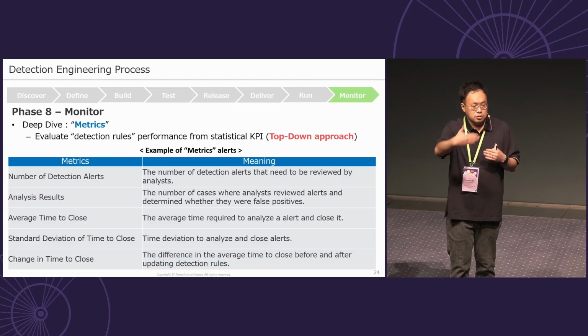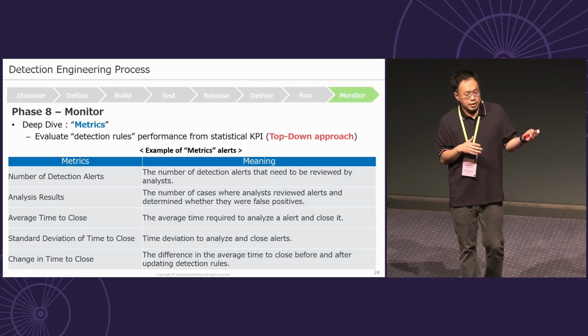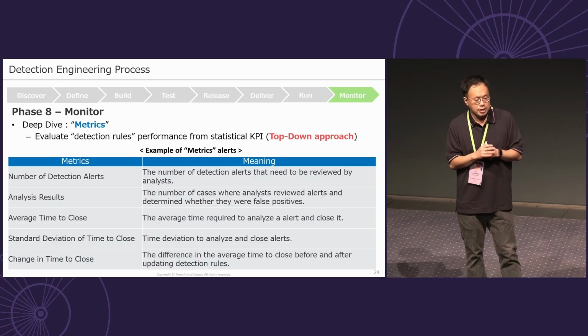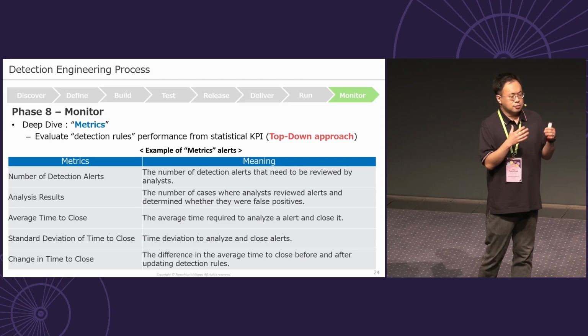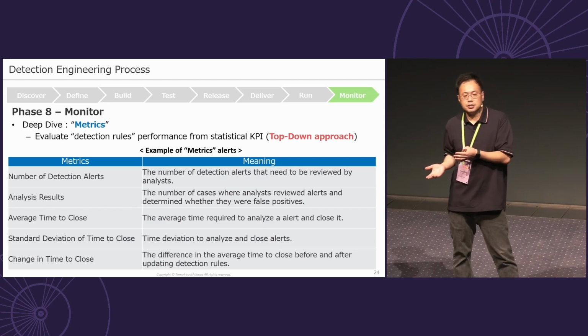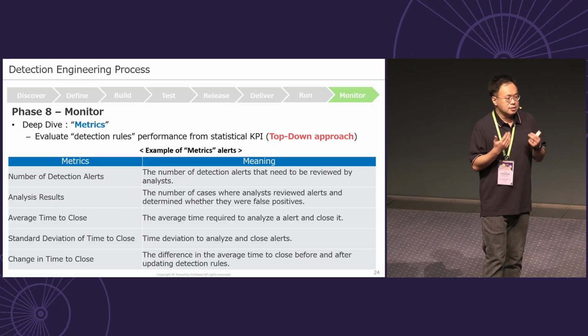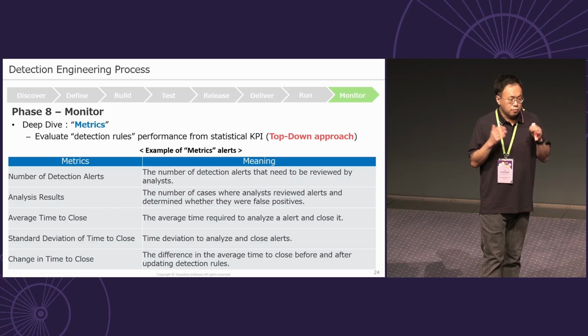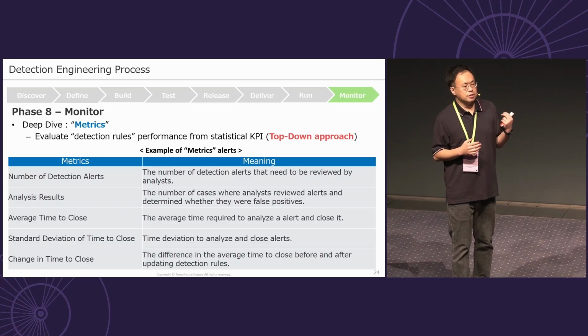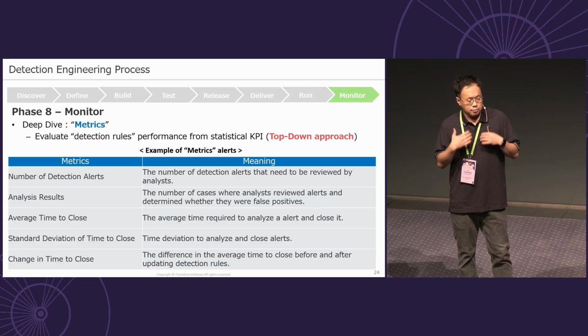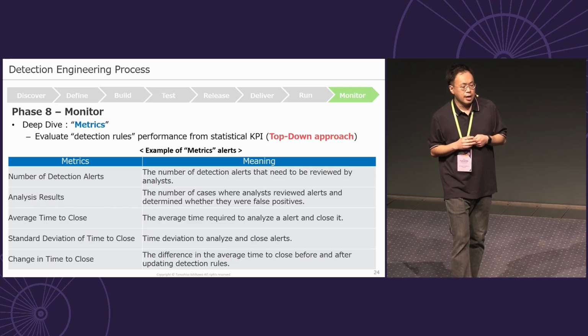Maybe we have some room to improve it. Another one is standard deviation, which shows the variety of the time. If person A closes very quickly but another person takes a long time, maybe the procedure or analysis method is not standardized. By using these kinds of methods, we understand the behavior of the SOC analysts, and we'd like to improve the quality of the code. This is the first portion.